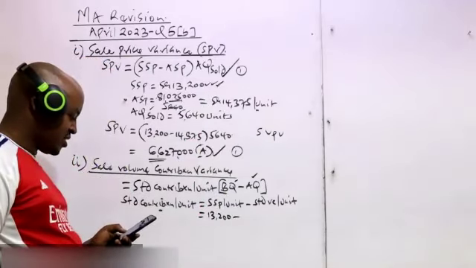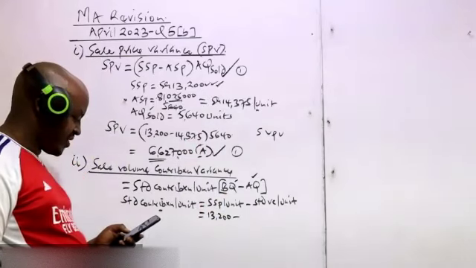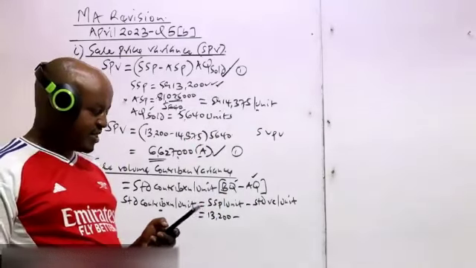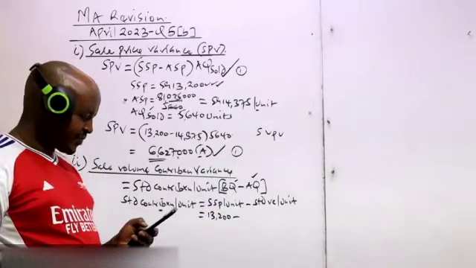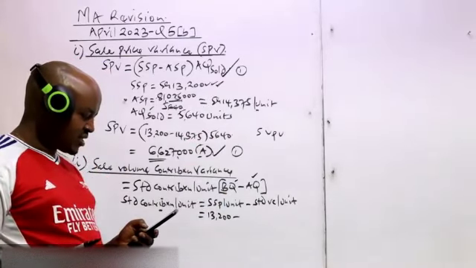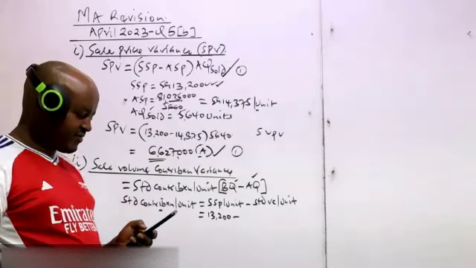The standard variable cost, we have that information in additional information number 3. In note number 3, we are told the variable standard manufacturing cost per unit are as follows.